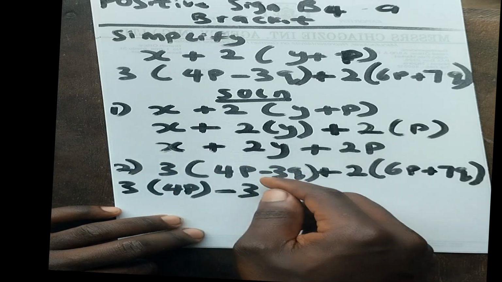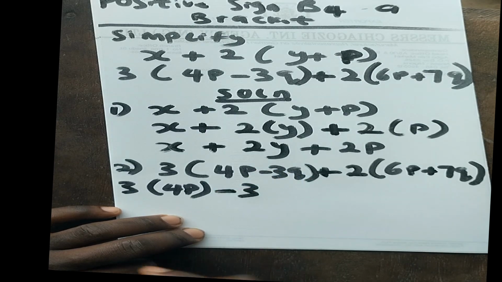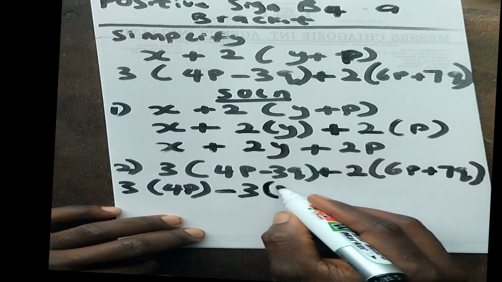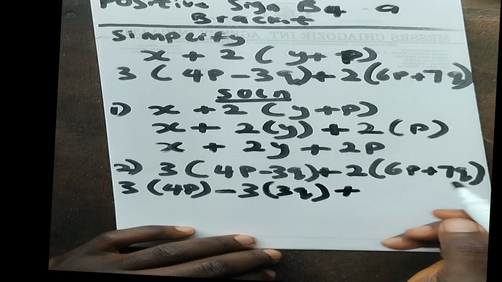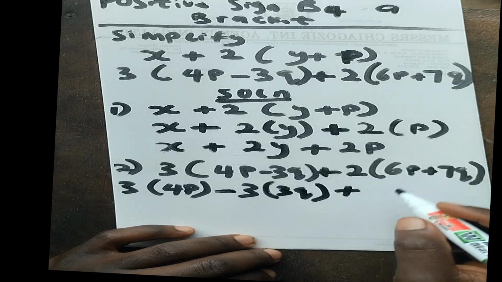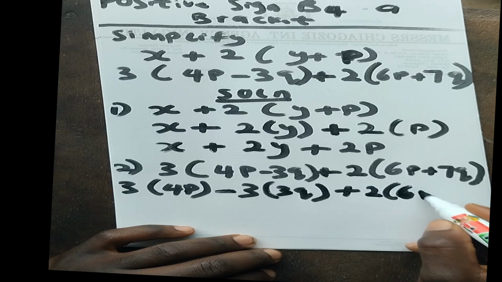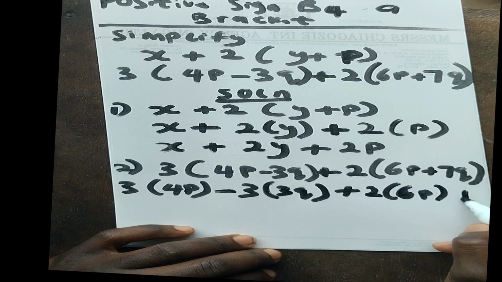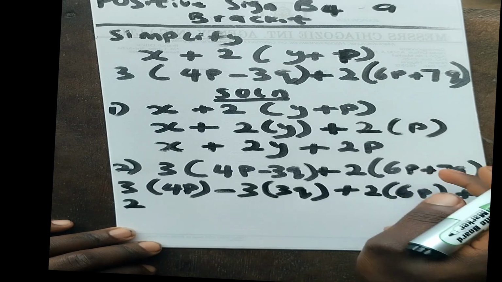Since there is a positive sign, this becomes 3 bracket 4p minus 3 bracket 3q. Then plus 2 bracket 6p plus 2 bracket 7q. This sign still remains the same.